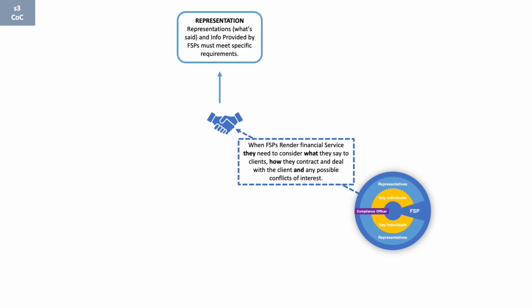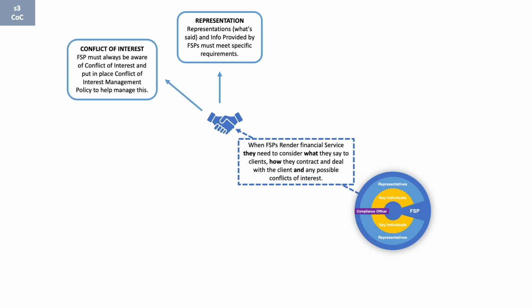First, we cover representation. Representations are what is said to the client, and the information provided by FSPs must meet specific requirements. Second, we cover conflicts of interest. FSPs must always be aware of conflicts of interest and put in place a conflicts of interest management policy to help them manage this.